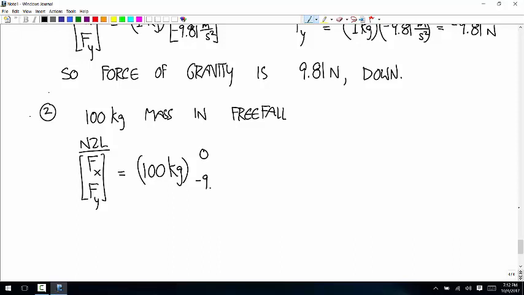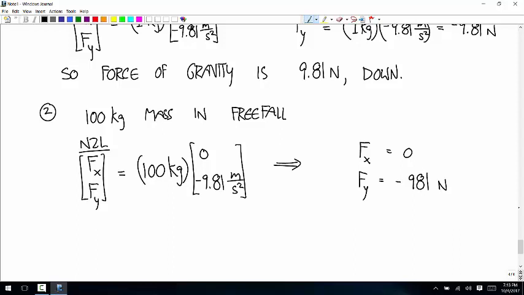So 0, negative 9.81 meters per second squared. Solve this and you get Fx is 0. Now Fy is negative 981 newtons. So 981 newtons down. So what we see is that gravity pulls harder on the heavier thing than it did on the lighter thing.